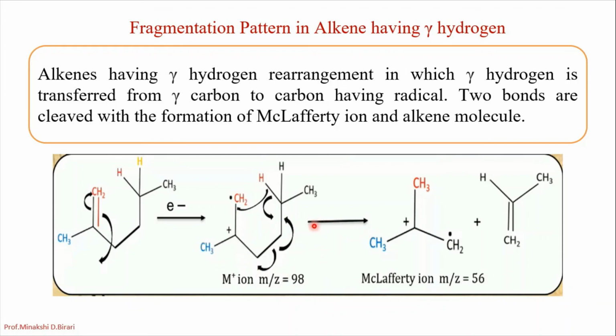So here if we consider the first step, again the ionization to give the molecular ion. Here the molecular ion peak is observed at M by Z 98. The gamma hydrogen is transferred from gamma carbon to carbon having a radical, and two bonds are cleaved with the formation of McLafferty ion and the alkene molecule.